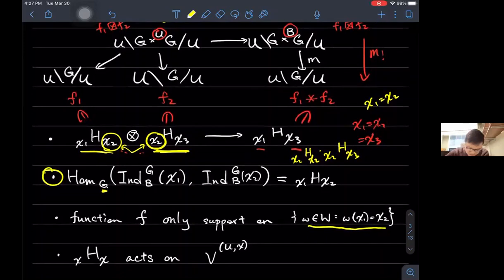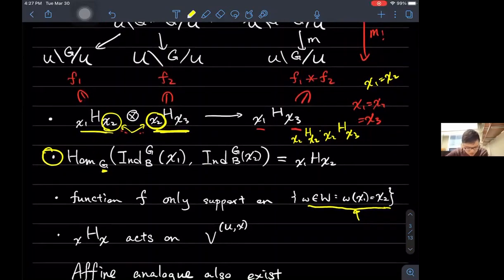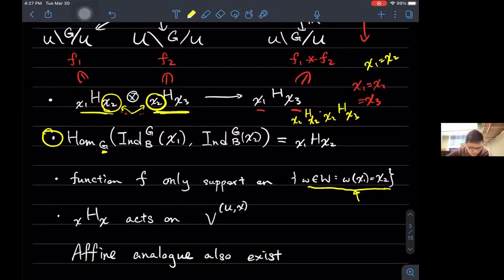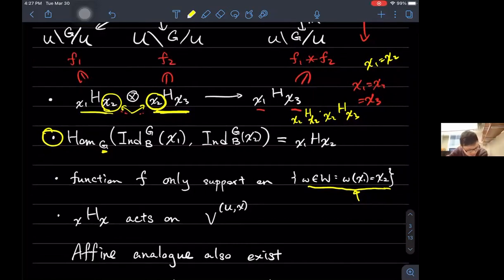If you expand this compatibility, you will find that this is precisely the subset of double cosets that can support the functions. Similar to the Hecke algebra, the H_{chi,chi} will have some twisted invariance subspace.